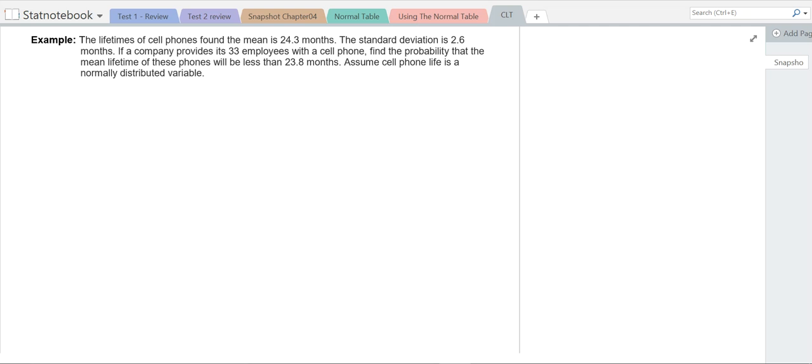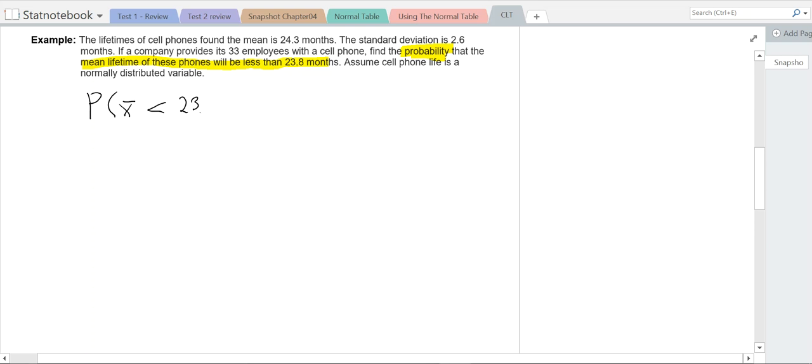If you look at this, we want the probability that the mean lifetime of a sample will be less than 23.8 months. That is, we want to answer the probability that X bar is less than 23.8. Since this is a question about the sample mean, we know the following. We know the mean associated with X bar is that for the population, 24.3.